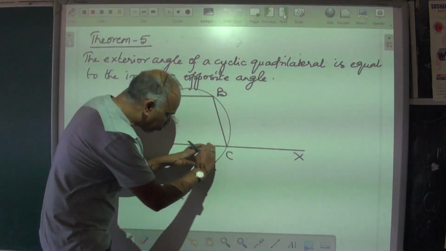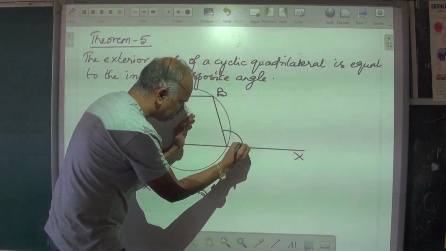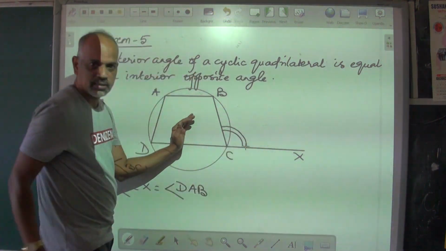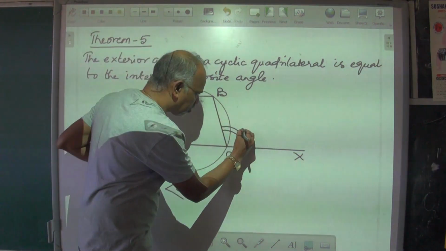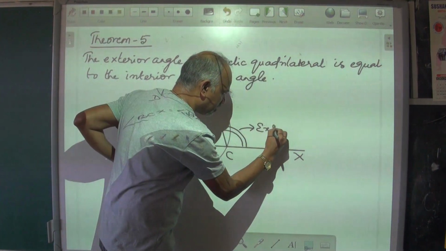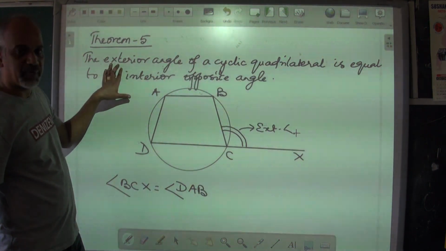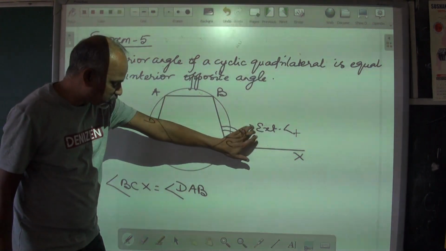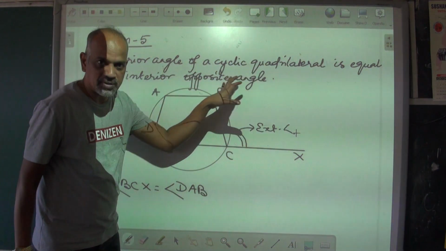So by extending one of the sides, the angle that you get outside the quadrilateral is called the exterior angle. According to this property, the exterior angle, that is this one, is equal to the interior opposite angle.